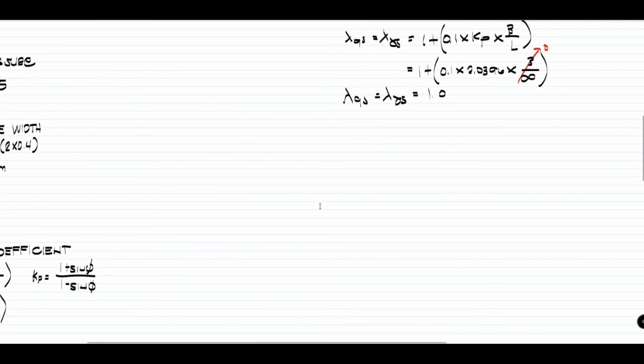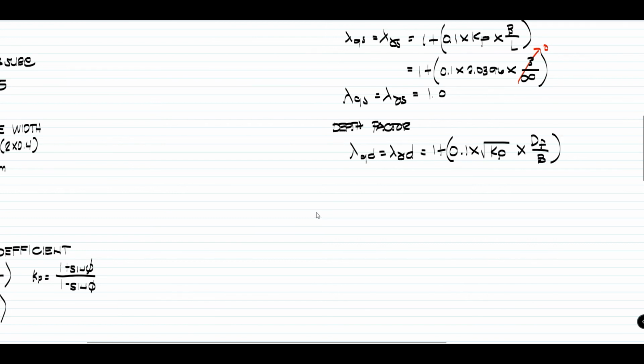Next, for our depth factor. So, for our depth factor, we have here the lambda QD and the lambda gamma D. So, we have here 1 plus 0.1 times square root of Kp times dF divided by the B. So, lambda QD and lambda gamma D will just be equivalent to 1 plus 0.1 times square root of 2.0396 times our dF, which is 1.5, divided by 3.